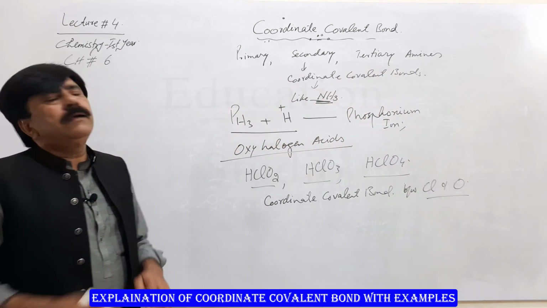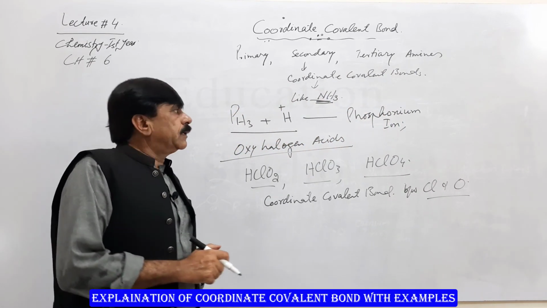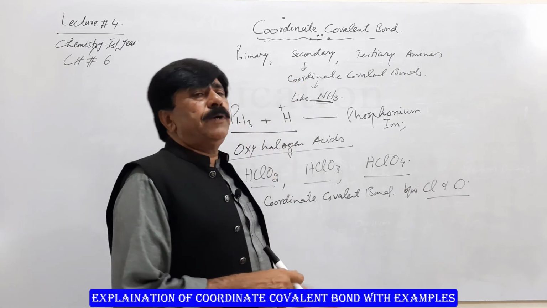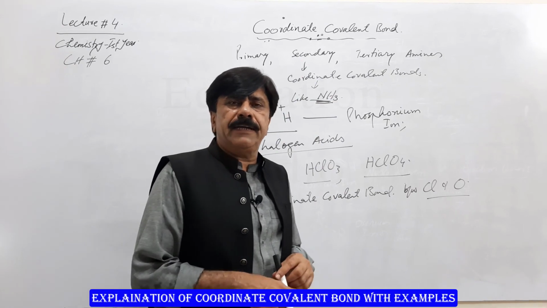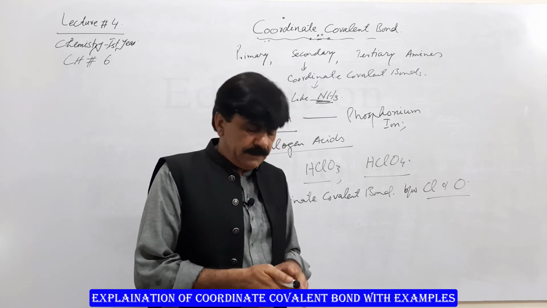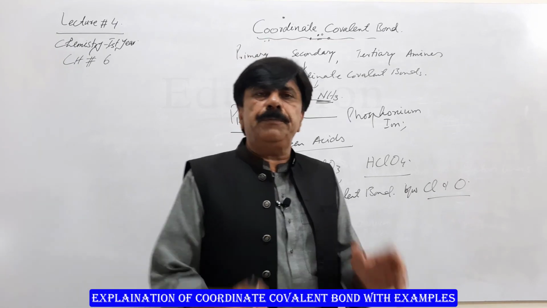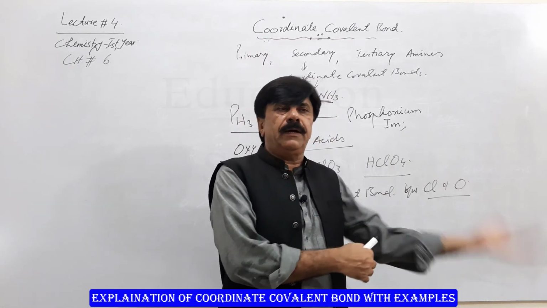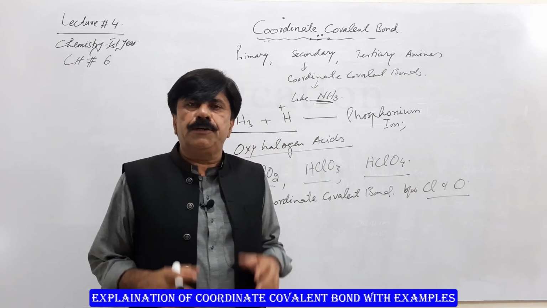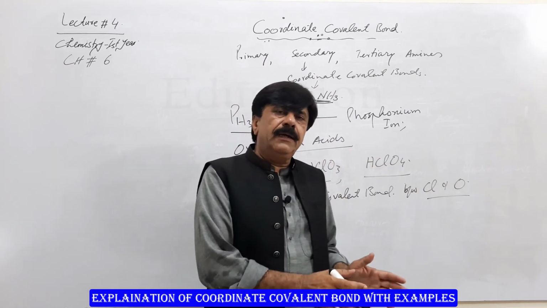So students, we have completed the study of the coordinate covalent bond, with different examples indicating the shared pair of electrons from one side to the other, where one atom becomes the donor and the other becomes the acceptor.